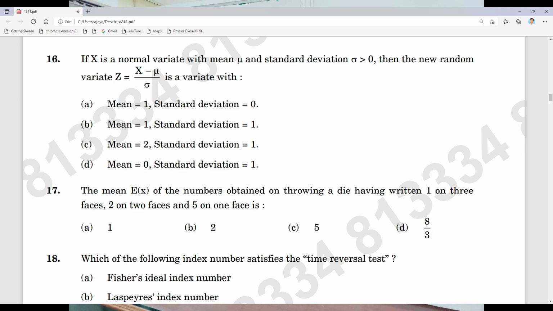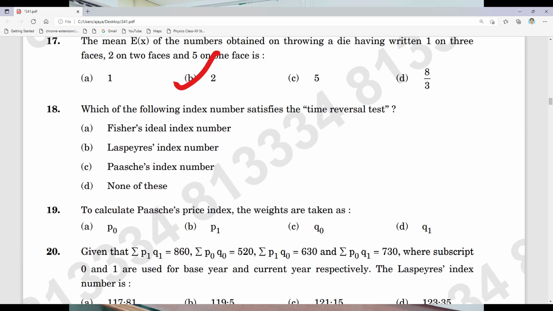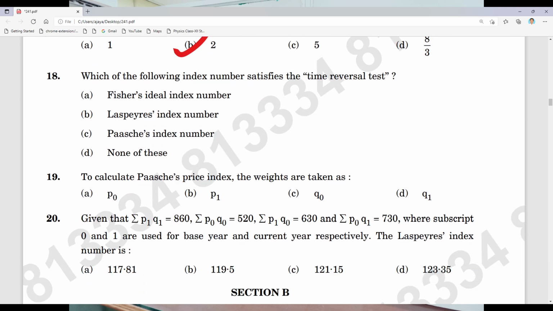Question number 16, D. Question number 17, B. Question number 18, A. 19, D.